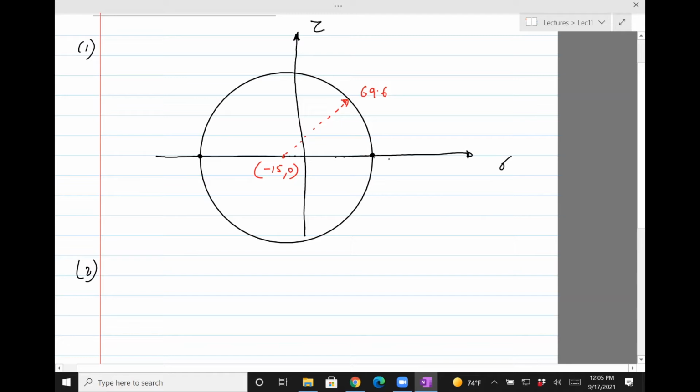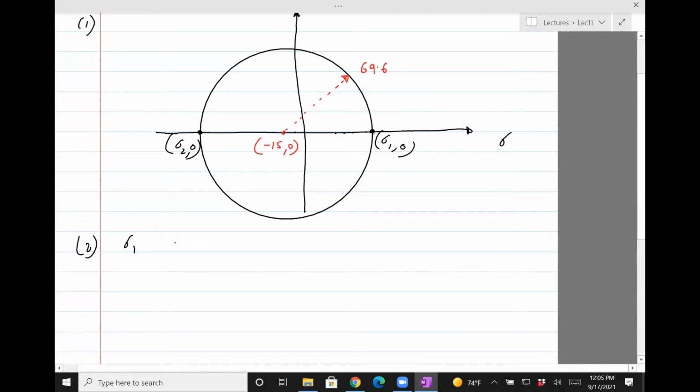So let's call that sigma 1, 0, sigma 2, 0. You can see that sigma 1 is simply 69.6 minus 15, just by looking at that figure. That radius minus the distance of center from this is going to give us the principal stress.